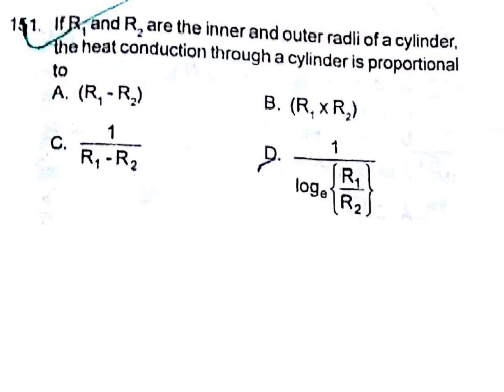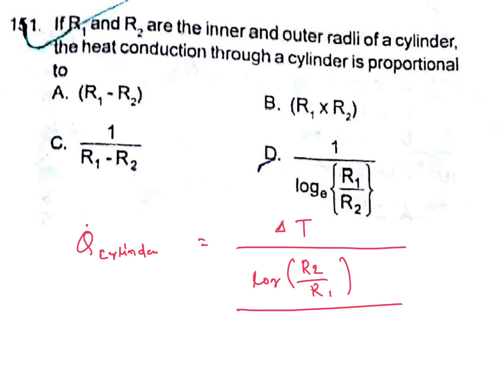Question: if R1 and R2 are the inner and outer radius of a cylinder, the heat conduction through a cylinder is proportional to... For a hollow cylinder, Q dot is delta T divided by log R2 by R1, divided by 2 pi KL.